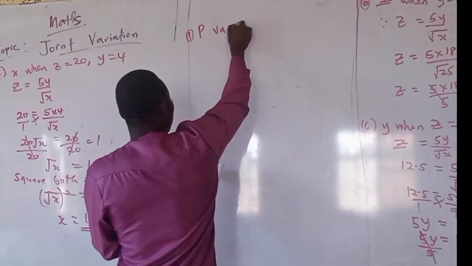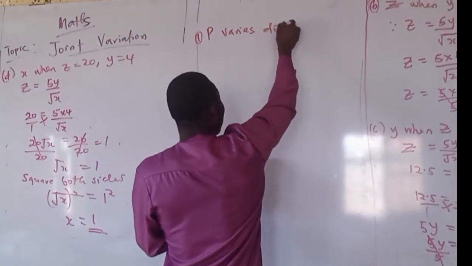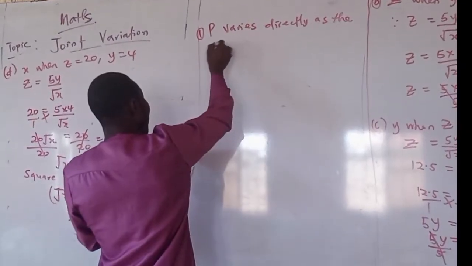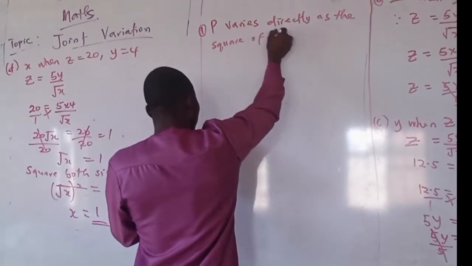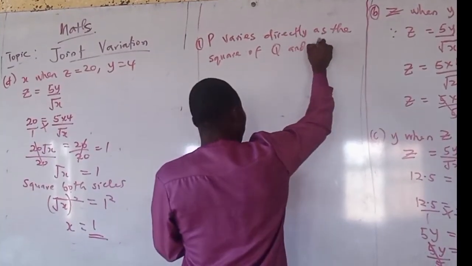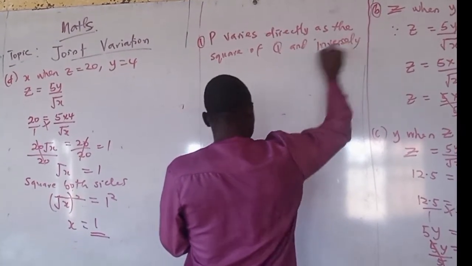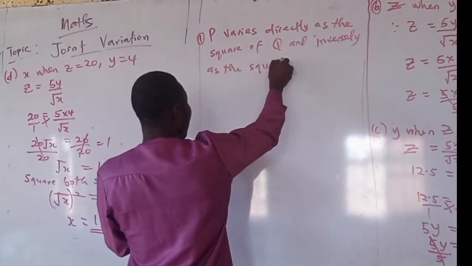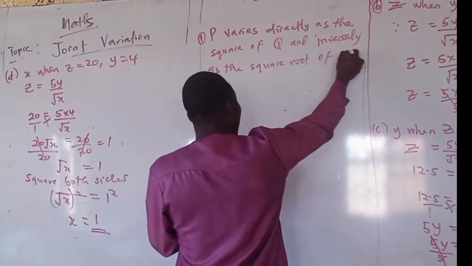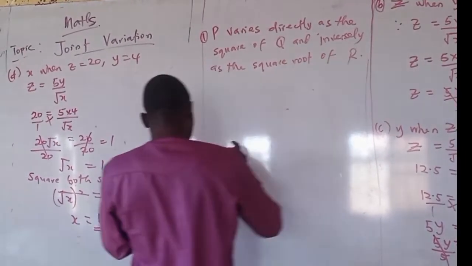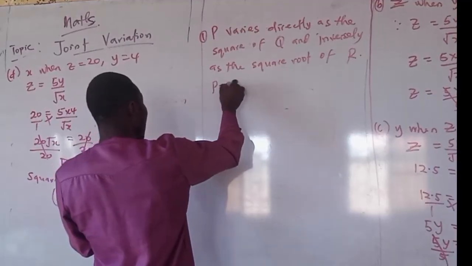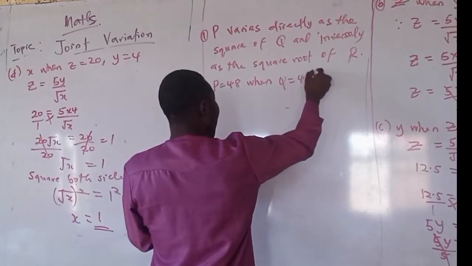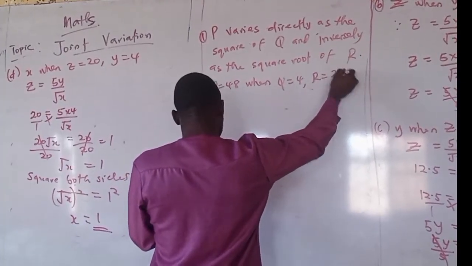P varies directly as the square of Q and inversely as the square root of R. P equals 48 when Q equals 4 and R equals 25.